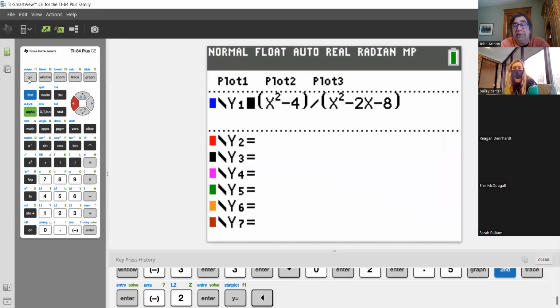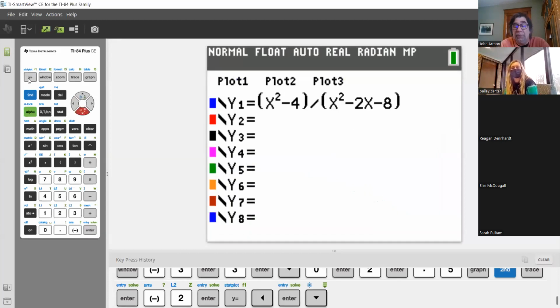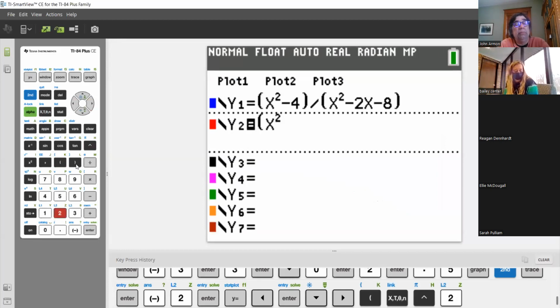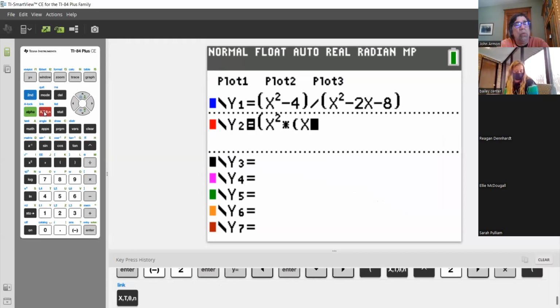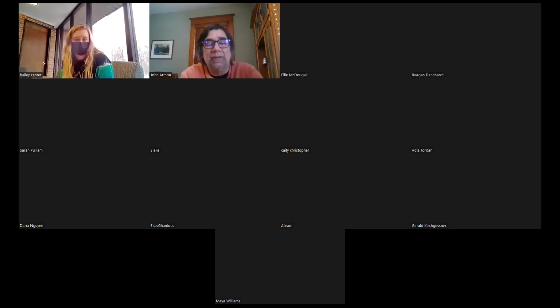Okay, I'm going to keep this and just type in this new one. And we need two sets of parentheses here. So parentheses for the x squared times, I've already forgotten what it was. It was x plus 3. I need a better memory.